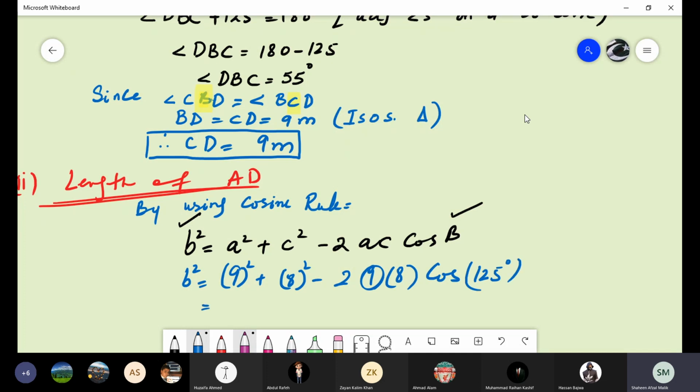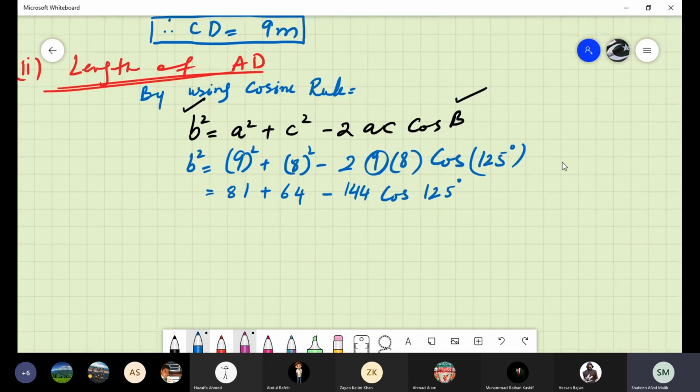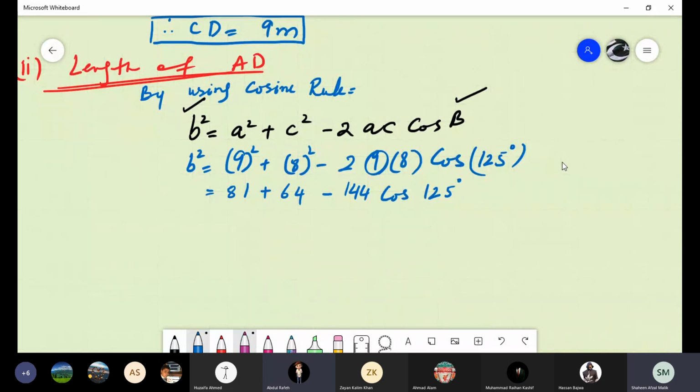Yes, quickly solve the values. What is 9 square? 81. 8 square? 64. Minus 8 twos are 16, and 16 nines are 144, cos 125. Take the value of cos 125 and simplify. Ma'am, cos 125 is minus 0.57.